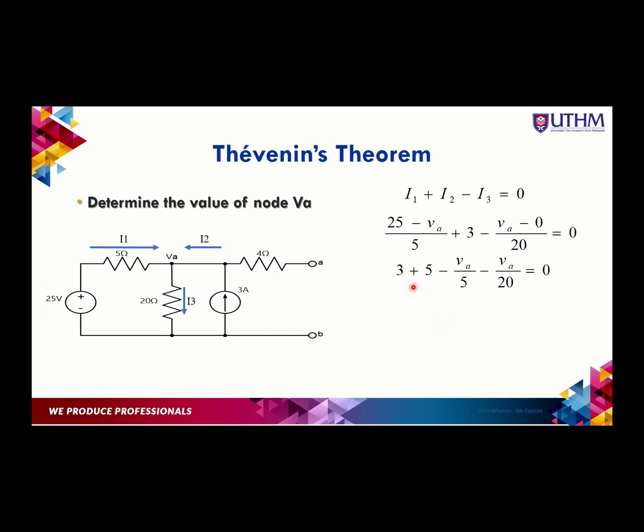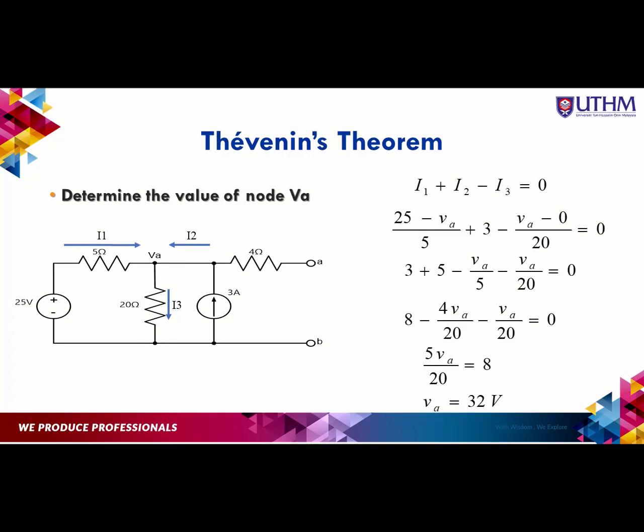Then we can rearrange: 3 plus 5 minus VA over 5 minus VA over 20 equal to 0, and solve this, we get VA equal to 32 volts. This gives us the value of the Thevenin voltage in these situations.